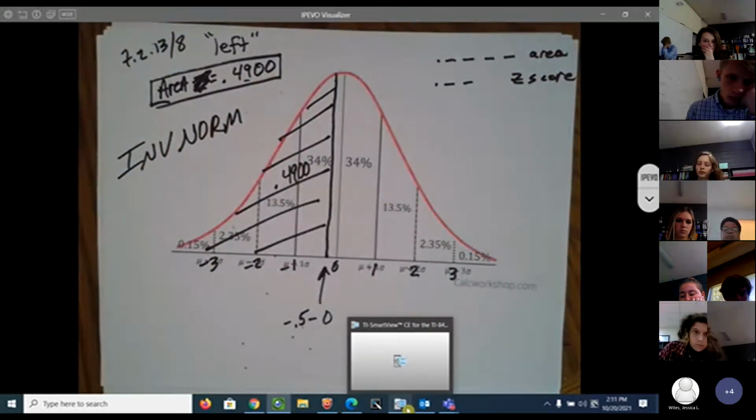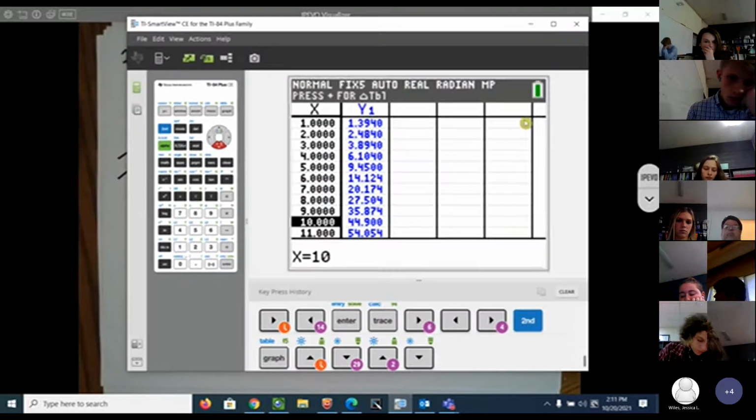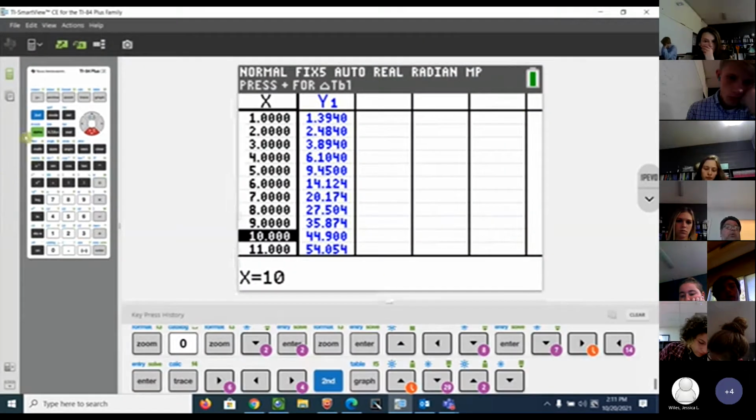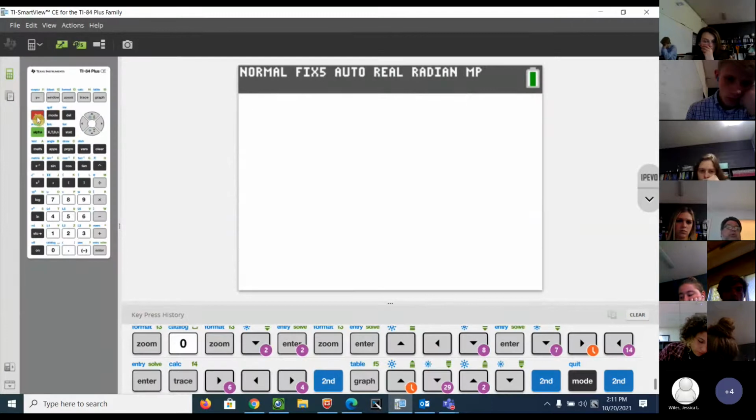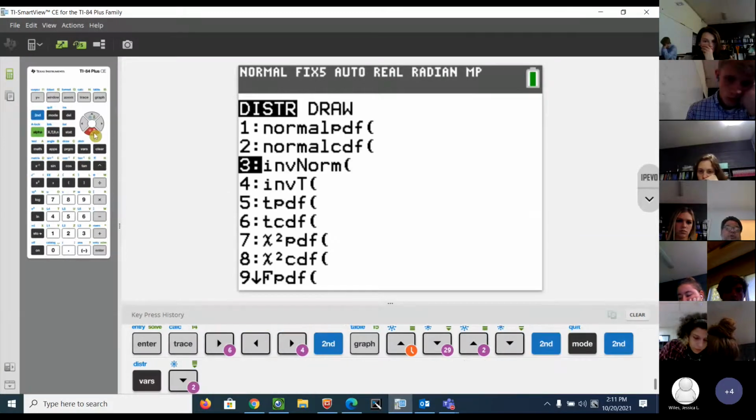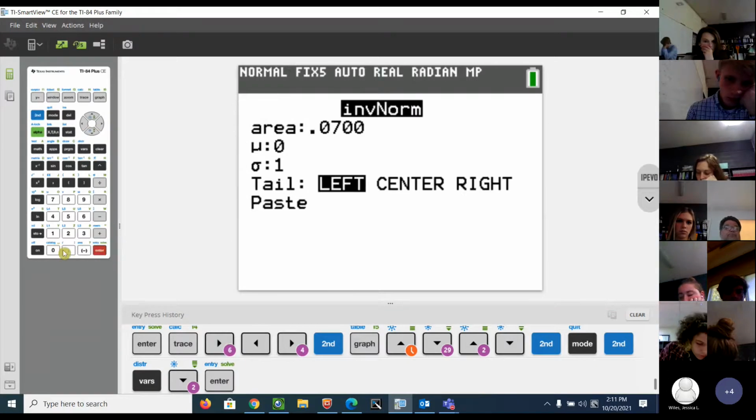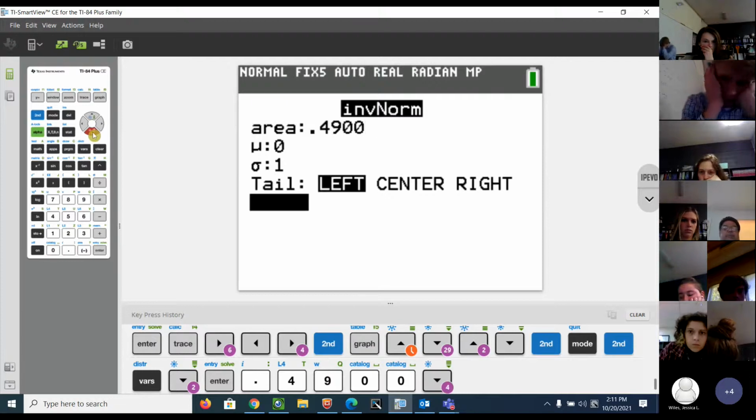So second inverse norm. I'm sorry, second bars inverse norm, 0.4900, and they want it to the left, and paste.